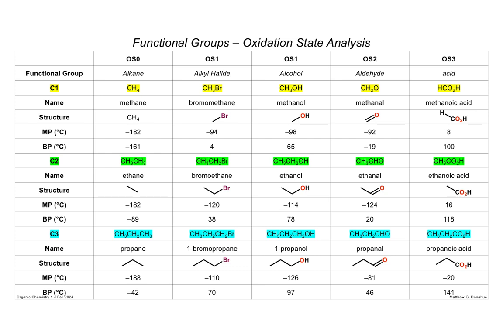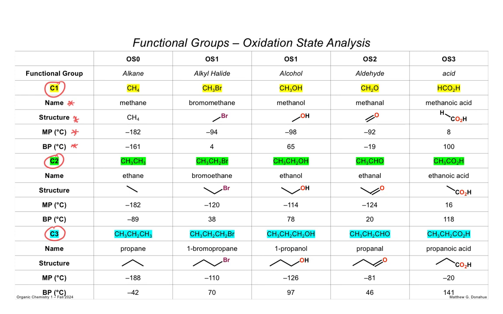The way this is outlined, so yellow, green, and blue, those are increasing carbon count. So under each of them, there's the name, structure, melting, and boiling point. So you have methane, ethane, propane. You can see how adding carbons affects the physical properties.